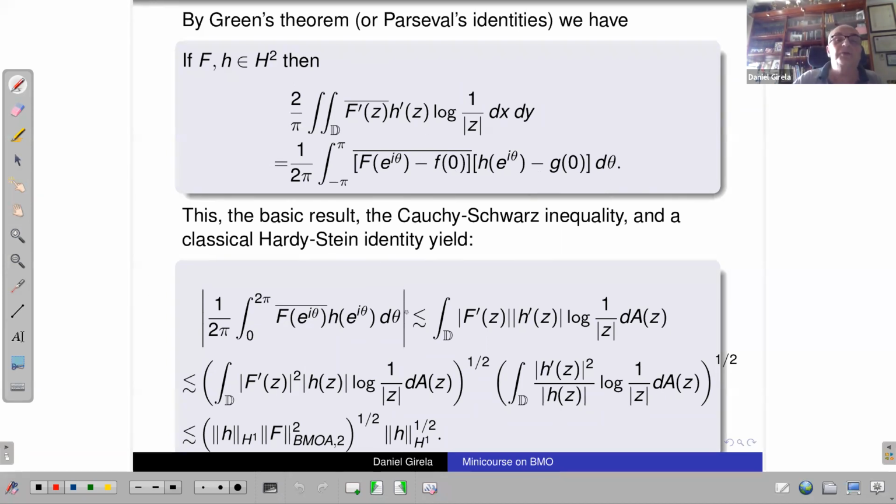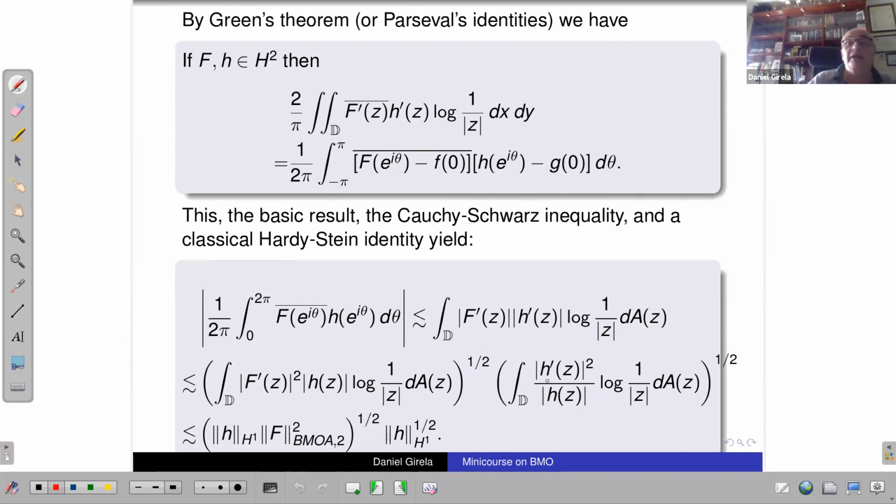So then we use this. From this, we obtain this, and then we just put the absolute value inside. And from here to here, we simply use the Cauchy-Schwarz inequality, writing this as h prime to the 1/2 times h prime to the 1/2. The 1/2 squared comes here, and the other one comes here.